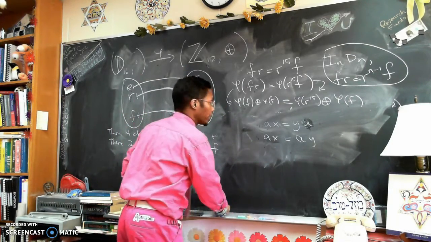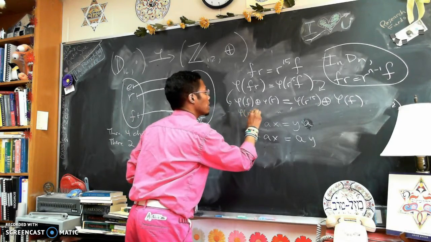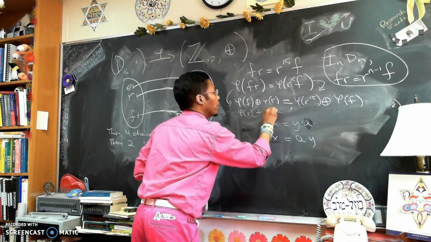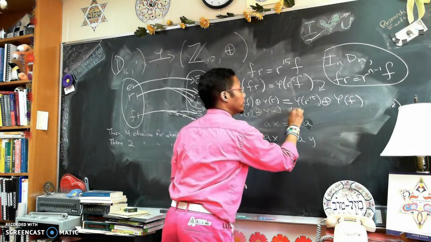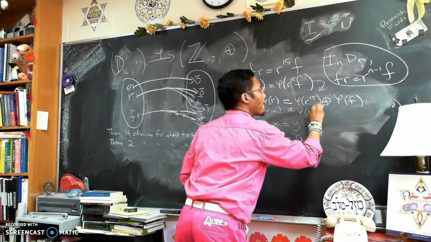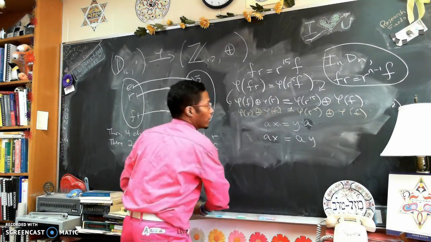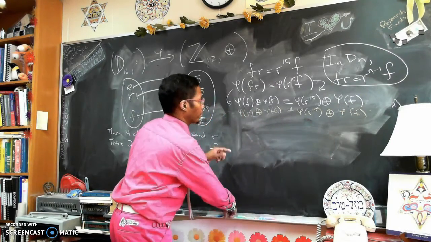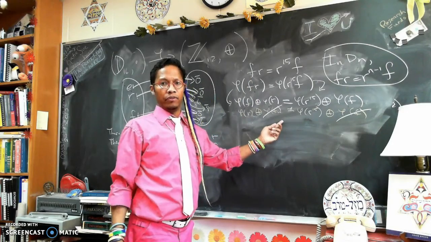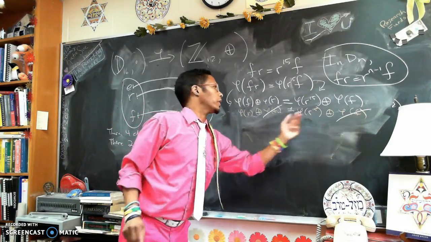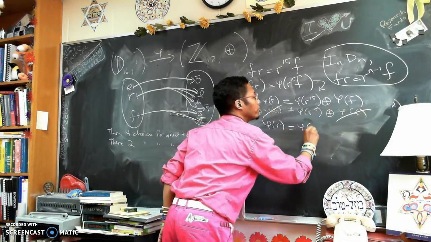So I can rewrite this line as phi of R plus phi of F. I can move those, and this is still phi of R to the 15th, plus phi of F. So then I can add the inverse of phi of F on both sides. And then we're just left with phi of R equals phi of R to the 15th.